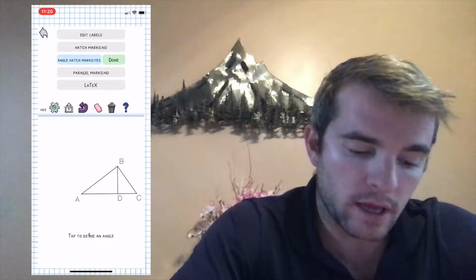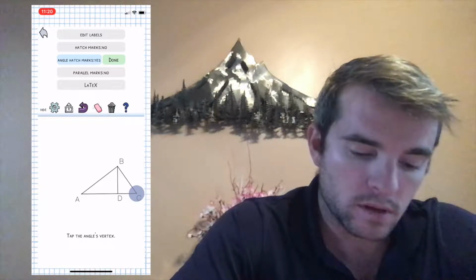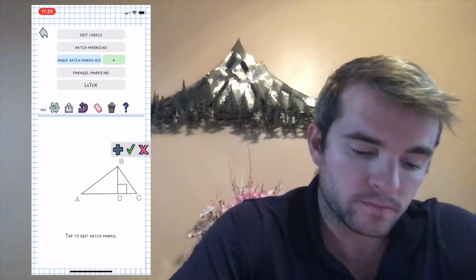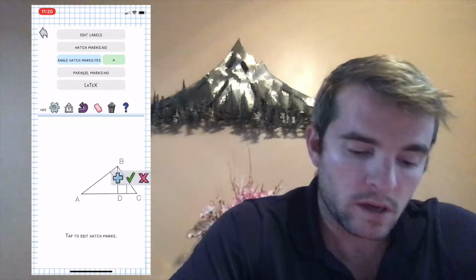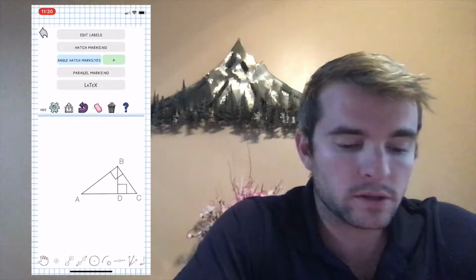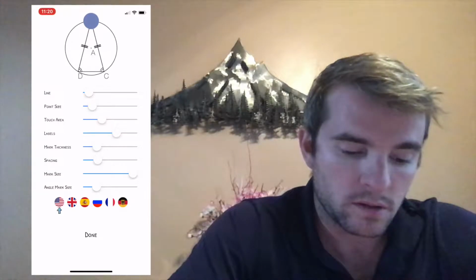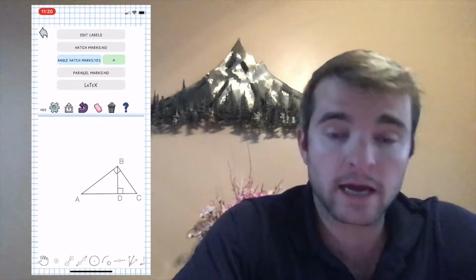So I want this to look like an altitude of a right triangle. And we'll add one more. Okay, now those are extremely large. So we'll go into here, we'll say angle mark size, reduce that, there we go. Okay, so that's my diagram.